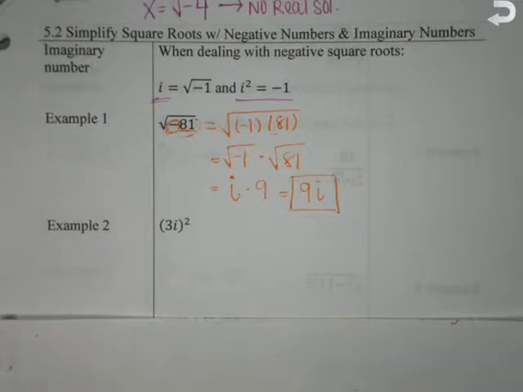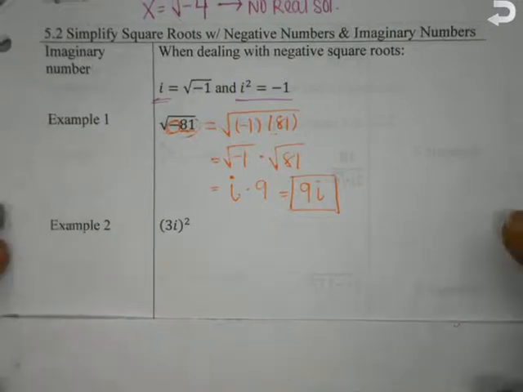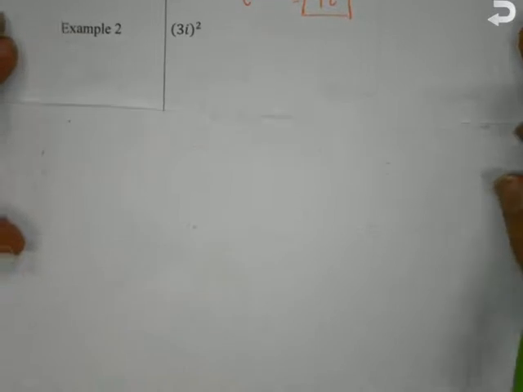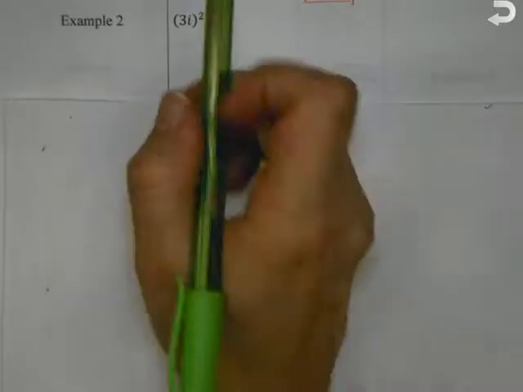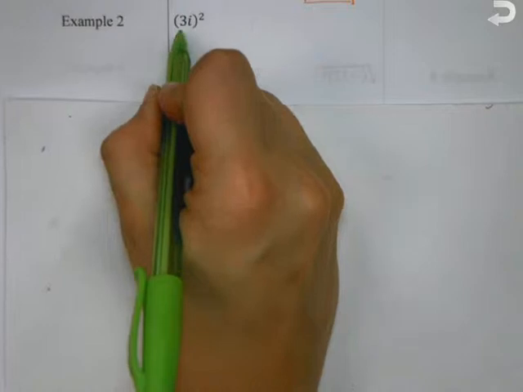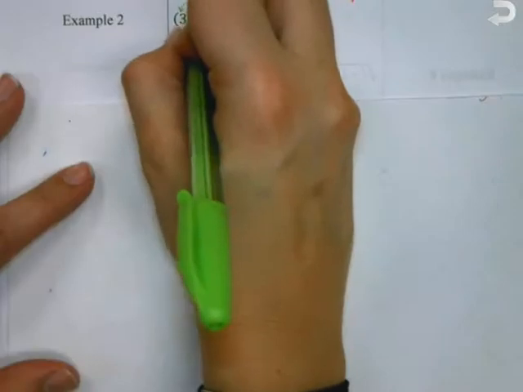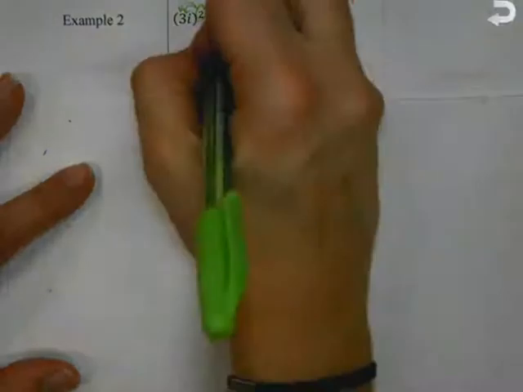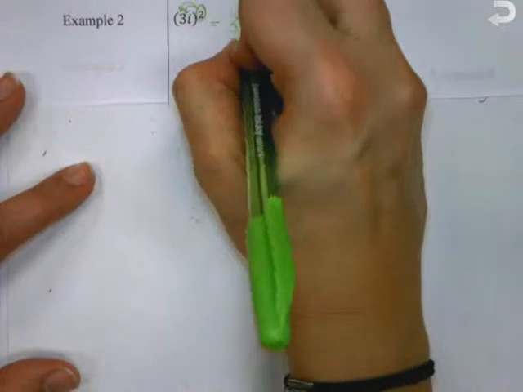Now the thing about i is it works very similarly to a variable, but it actually represents the square root of -1, but it kind of acts as if it was a variable. Okay? So when we had something that looked like this, 3i, all of that to the second power, what did I do with this exponent? Distribute it. So let's distribute the exponent. That gives me 3 to the second power times i to the second power.